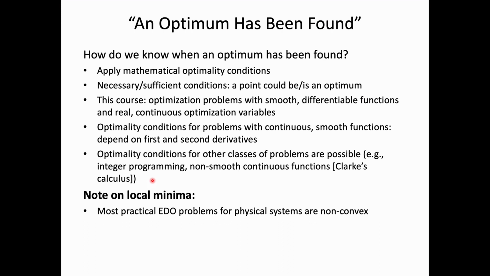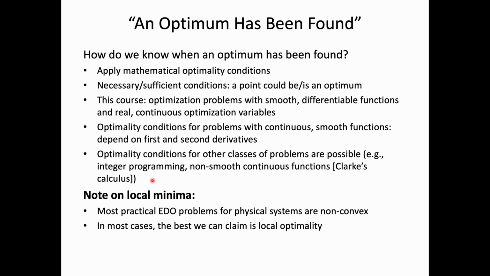For practical engineering design optimization problems focused on physical systems, we typically can never say whether we have a global optimum or not, but we usually can improve the probability of finding a global optimum. We just can't prove it. So in most cases, the best we can claim regarding engineering design optimization is local optimality.